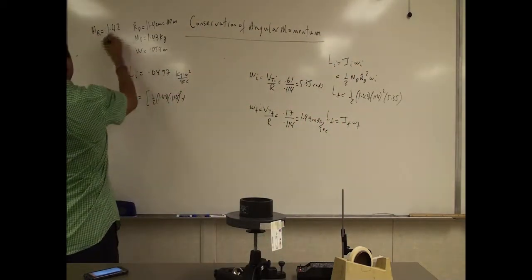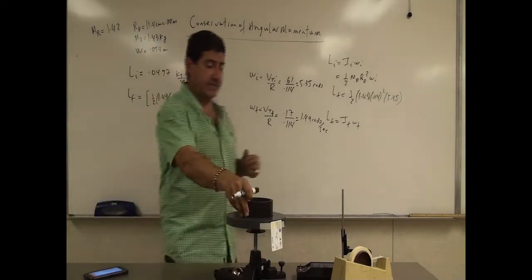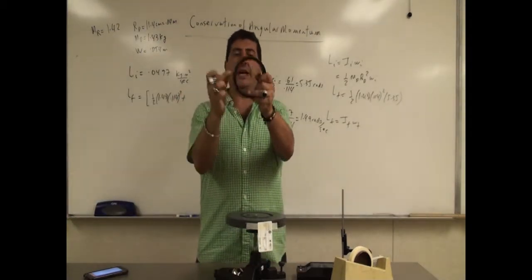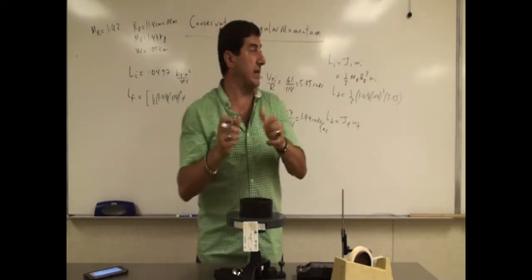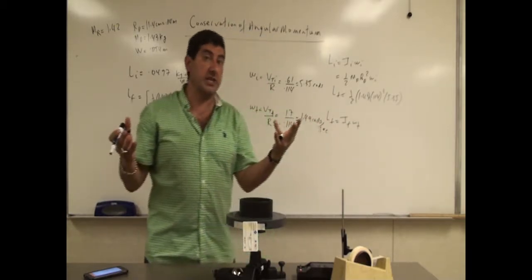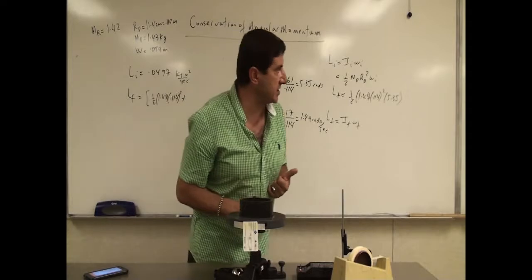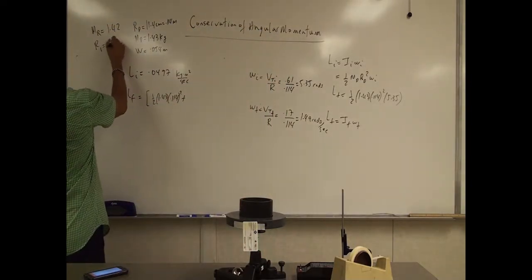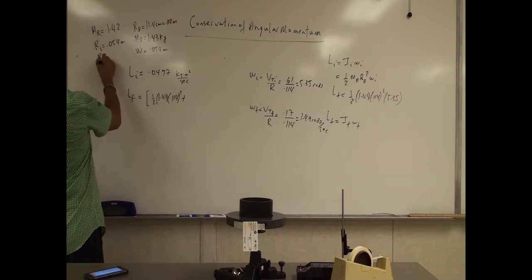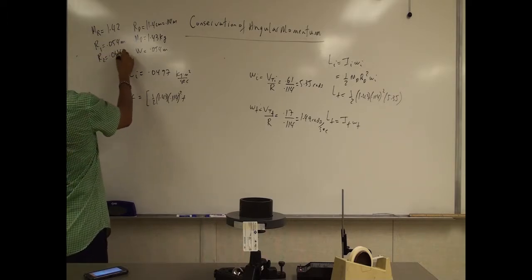Okay, 1.42. Now the ring has an inner radius and an outer radius. The thickness of the ring is 1 centimeter. So the inner radius is smaller than the outer radius by 1 centimeter. The inner radius is 5.4 centimeters, R1, 0.054 meters. The outer radius is 0.064 meters.